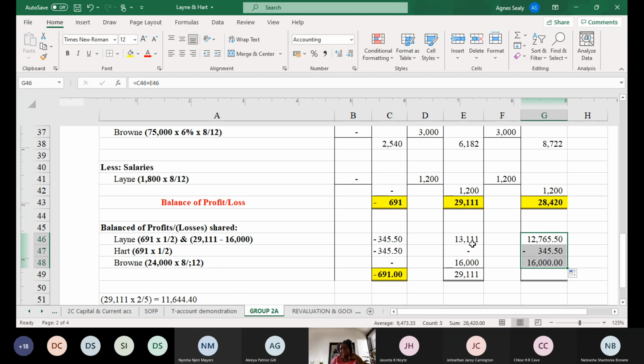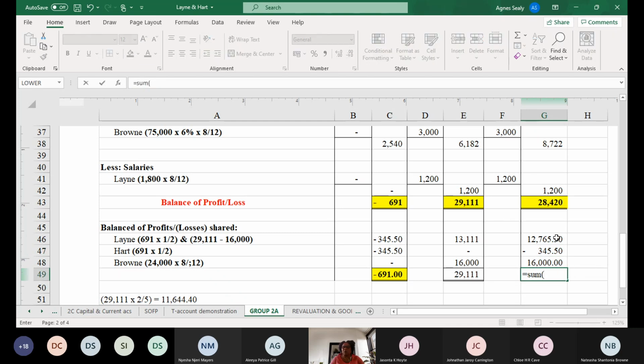So this nets off to a profit. If you subtract that from the 13,111, the profit for Layne is $12,765.50. Hart is going to record a loss in her current account, $345.50, and Brown will get the profit of $16,000.